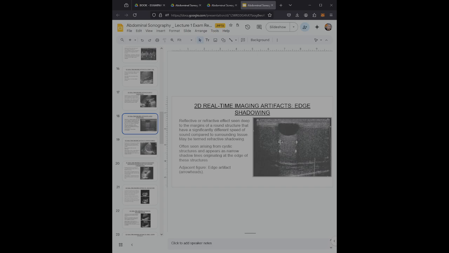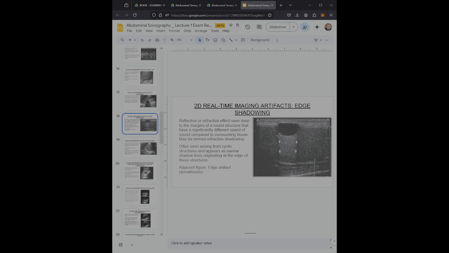Edge shadowing. This is a reflective or refractive effect seen deep to the margins of a round structure, and the structure has a significantly different speed of sound.